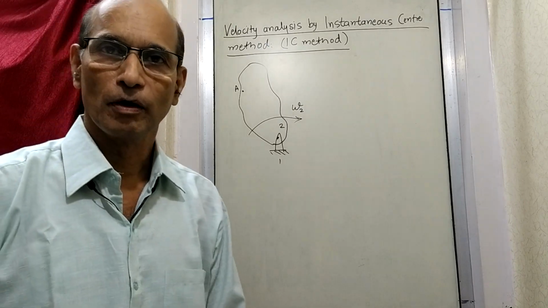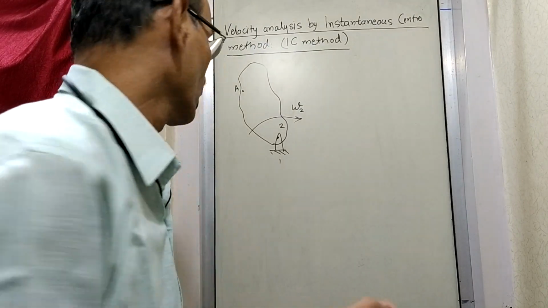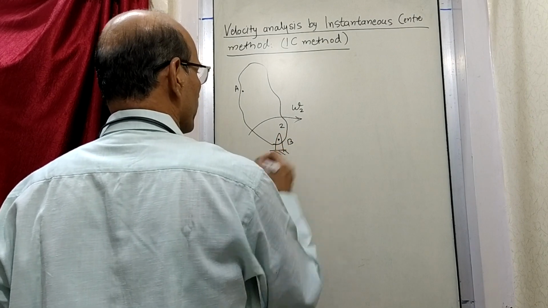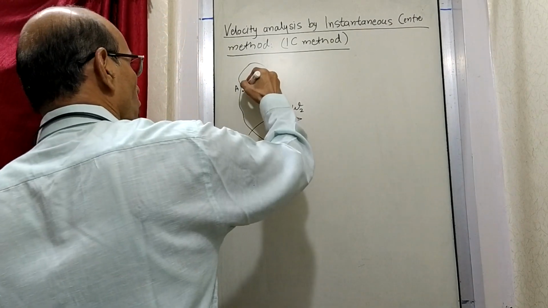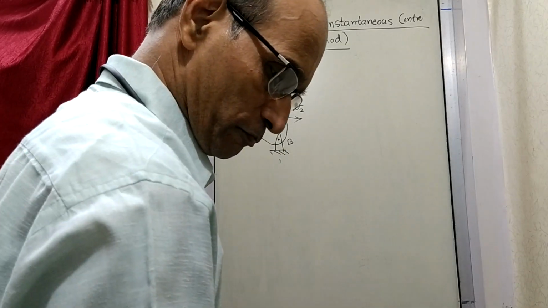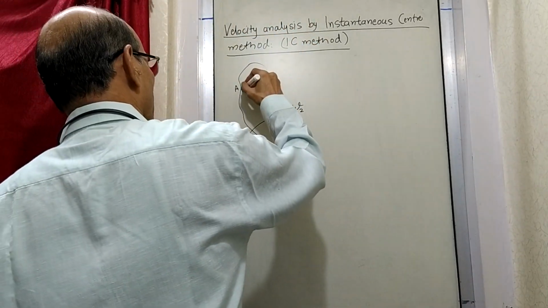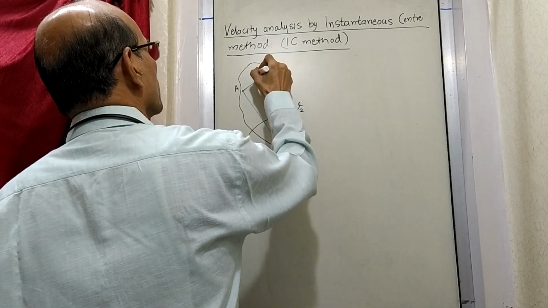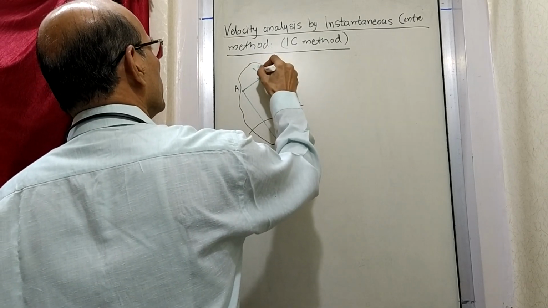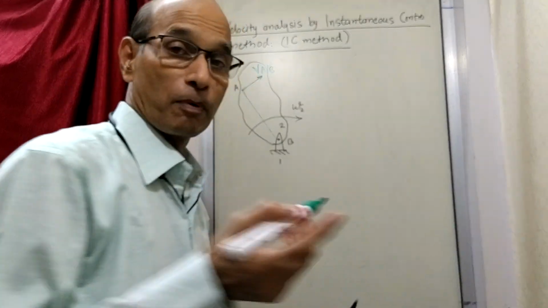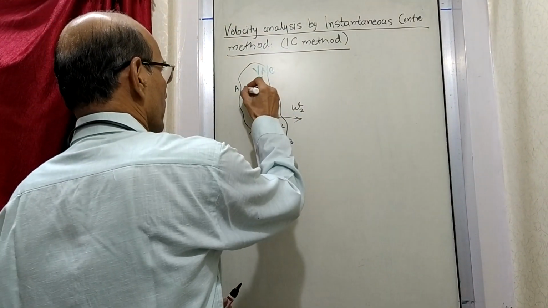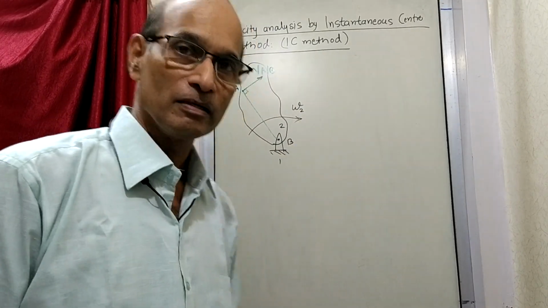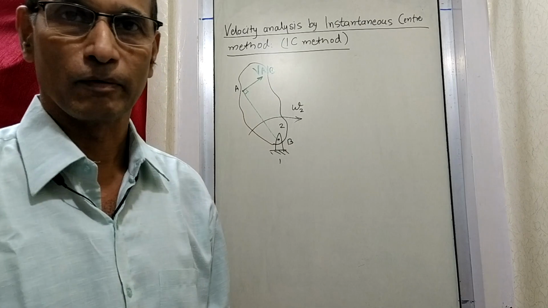Now we know that suppose there is a point A here. Now what is the velocity of A? Let's say this point is B. Then we first join A and B. See what we have done last time. Then we say this is the velocity of point A with respect to B, as per the last method. The method is later on seen as a polygon method, but this is what we have done even last time also.